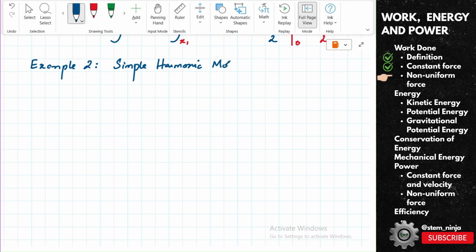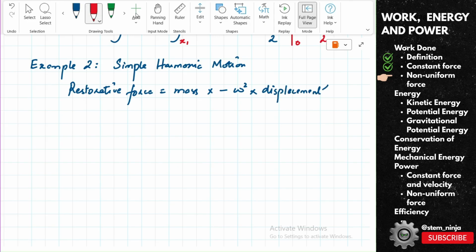In simple harmonic motion, the restorative force is still equal to mass times acceleration, but acceleration on the other hand is proportional to minus omega squared times displacement, where these two are basically constant. Basically you can say minus constant times displacement. Let's call it S over here.